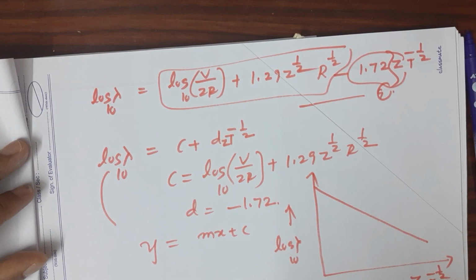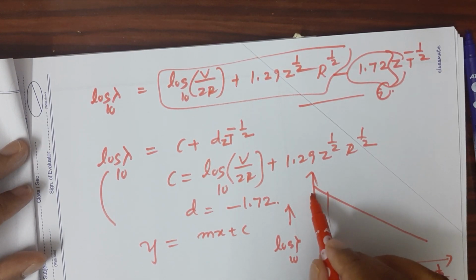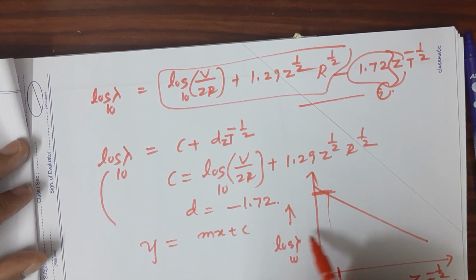So how to understand? On the x-axis we have taken Z by t^(1/2), right? If the half-life is more, the Z by t^(1/2) value is less. For a lesser Z by t^(1/2) value, we have the more log lambda value.